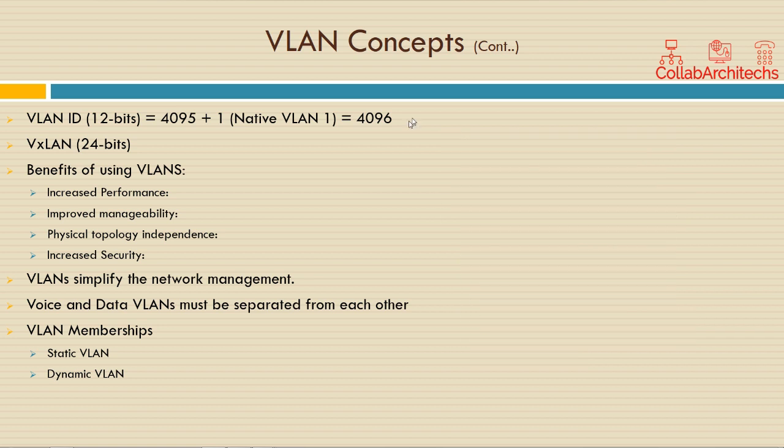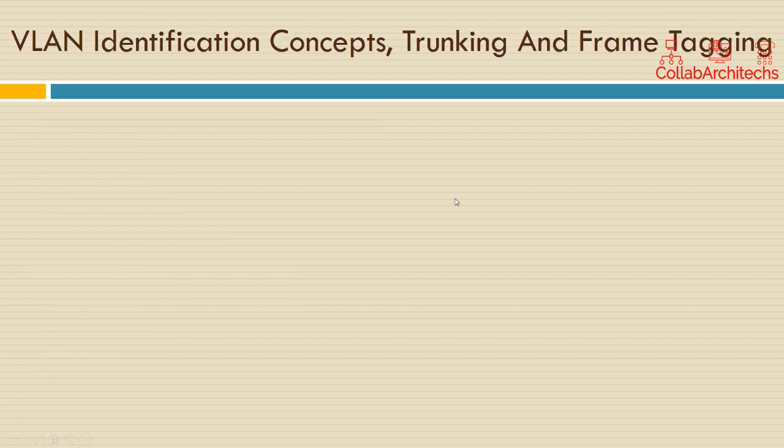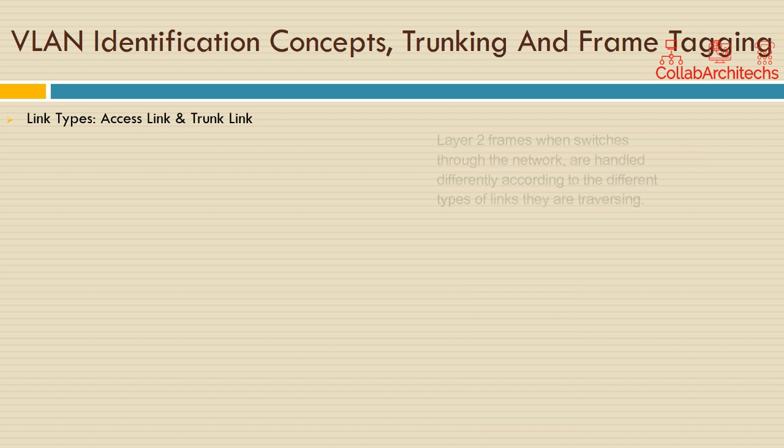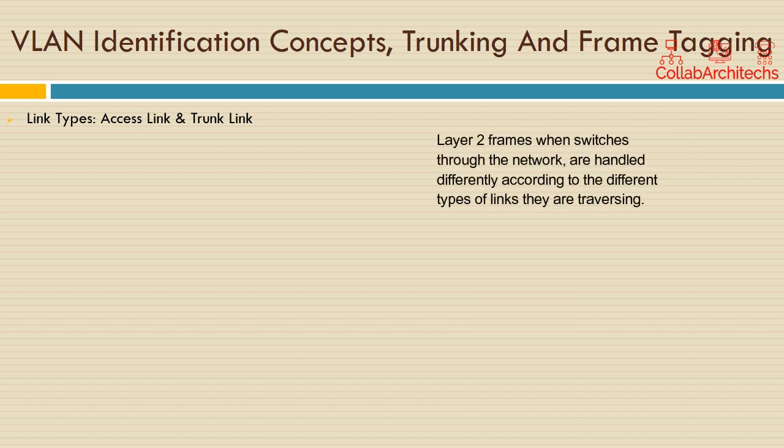Okay, so now let's move ahead and discuss the concept of identifying VLANs and its trunking and frame tagging. Layer 2 frames, when switched through the network, are handled differently according to the types of links they are traversing.